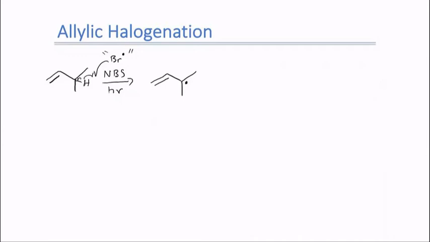The radical is then stabilized through resonance to give our intermediate here. So a radical is stabilized through resonance.